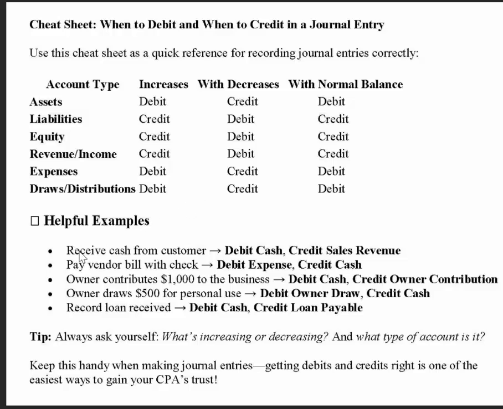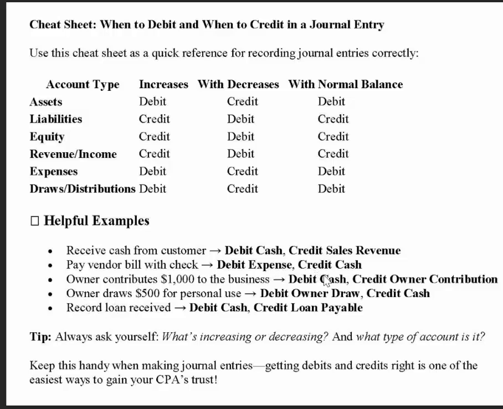Some helpful examples: you receive cash from a customer, you debit cash, you credit sales revenue. If you pay a vendor a bill with the check, you debit the expense and you credit the cash. Owner's contributions, $1,000 to the business, you debit cash, you credit owner's contribution.